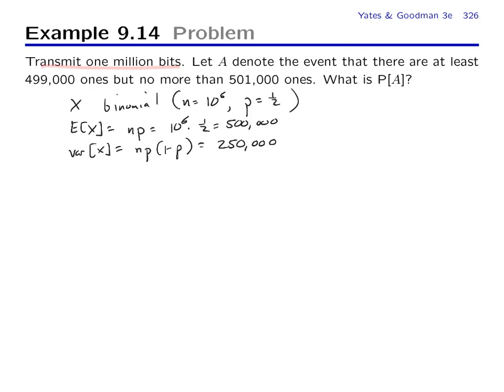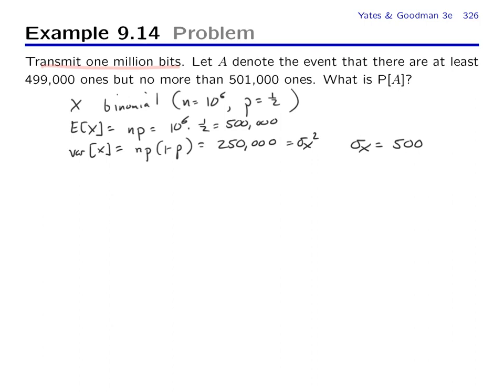And very conveniently, if this is the variance of x, the standard deviation is the square root of that, and it's exactly 500. That's why these parameters are chosen to make everything work out super nice.